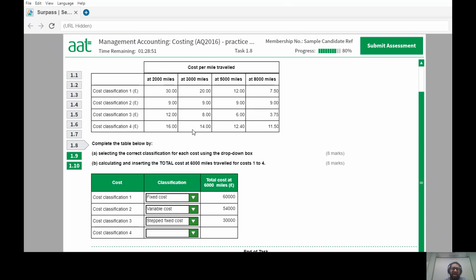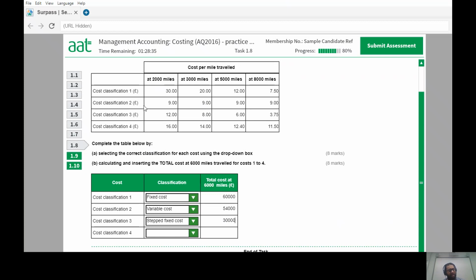The last one, on the other hand, is the territory where we're going to work with the high-low method. You just have to keep an eye on this particular calculation. 2,000 multiplied by 16 pounds gives me 32,000.